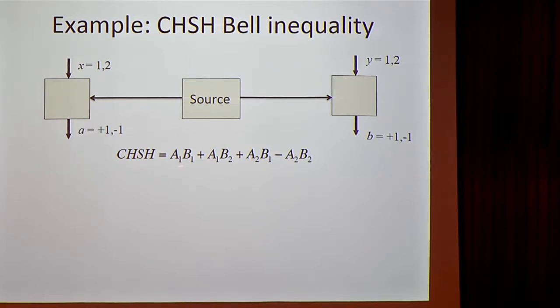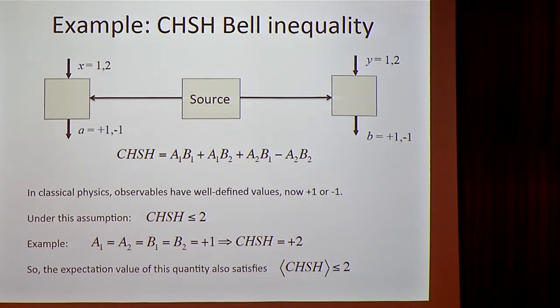Now I take this combination. It might sound a bit weird why I take it, but it works. Whenever this person measures 1, I mark the result, and then I also take those cases where this person also measures 1 and compute the product. This is A1B1. And I do the same for A1B2, A2B1, minus A2B2.